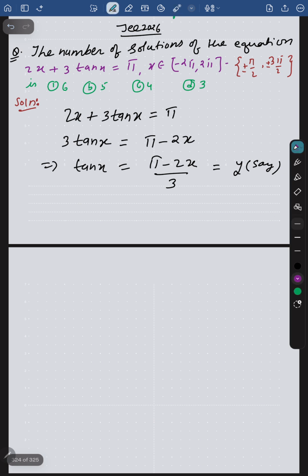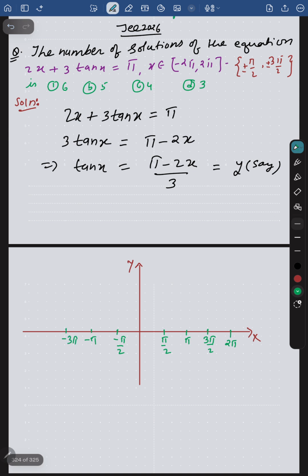So first of all we'll draw the graph for y equal to tan x. You just draw the x and y axis, this is your x axis, this is your y axis, and you just select your points as pi by 2, pi, 3 pi by 2, up to 2 pi you have to consider, here also minus pi by 2, minus pi, minus 3 pi by 2, minus 2 pi.